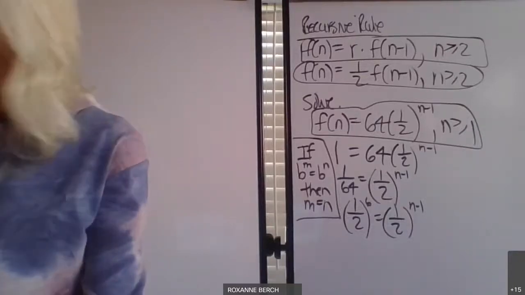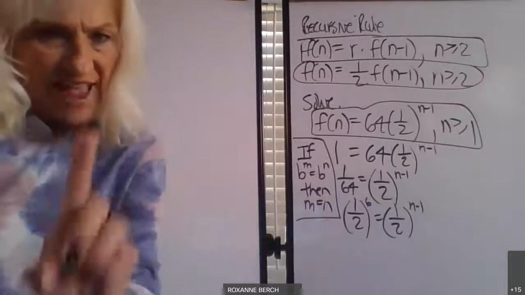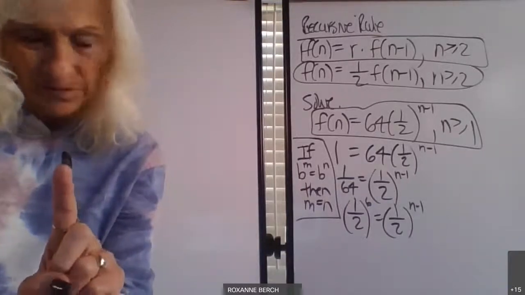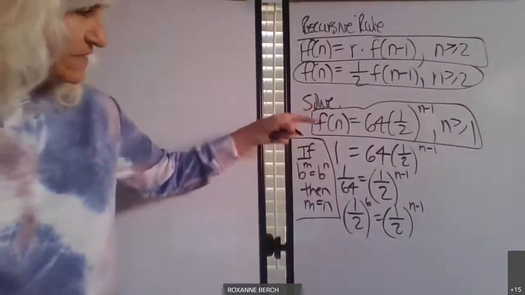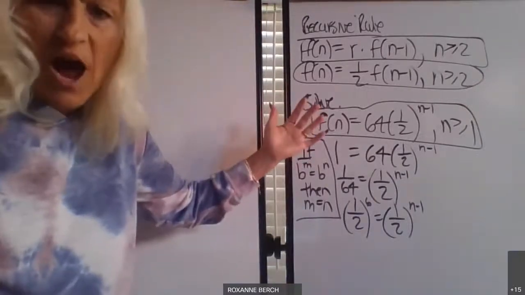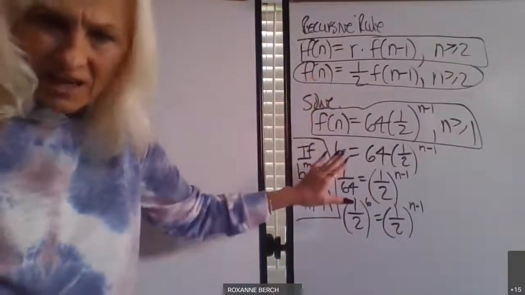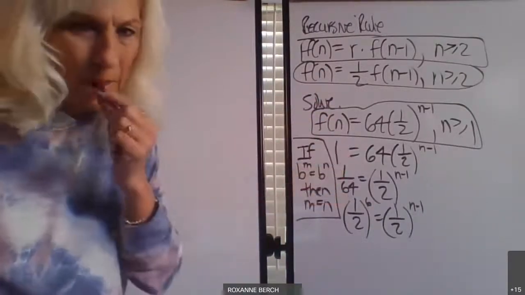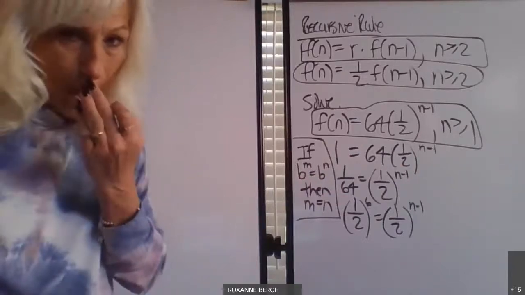The reason we're setting it equal to 1 is that the final round is going to have one match. F of n is the answer, right? F of n is y. So we're taking out f of n and putting 1 in for the final round. That's what we're doing, so we can solve it.